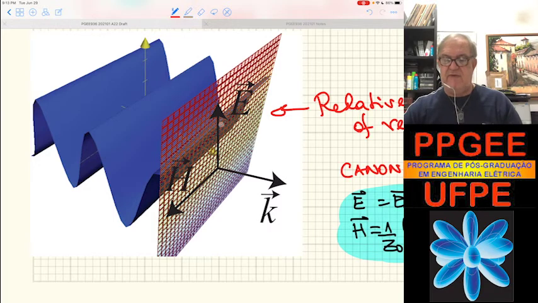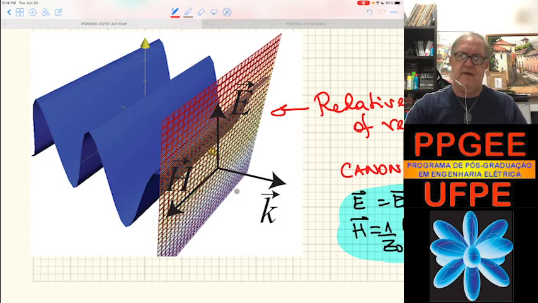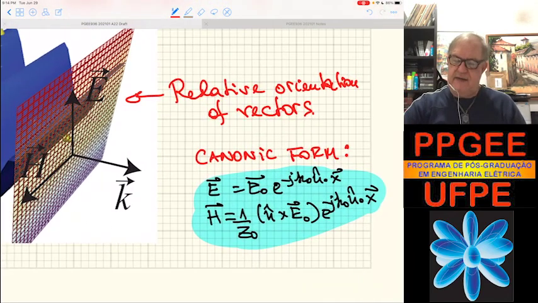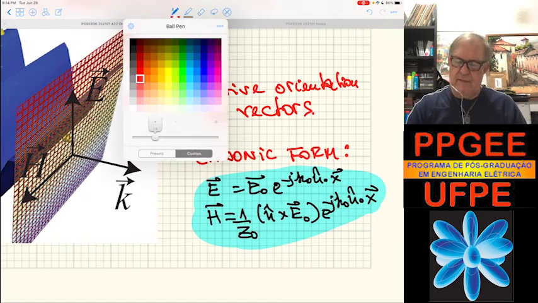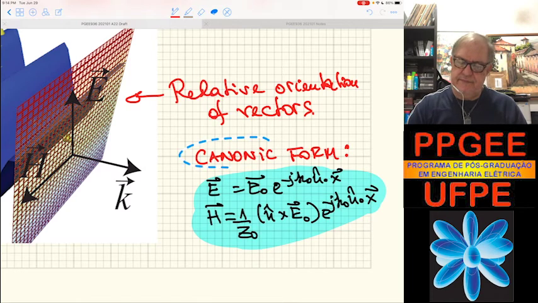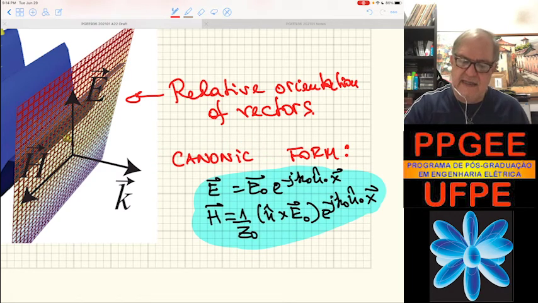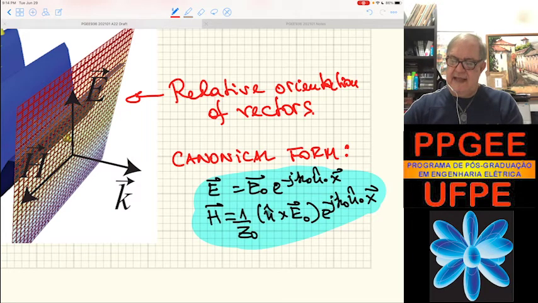So if the field orientations are those shown in the picture, E, H, and the direction of k is that, it's the same direction as E cross H. And the canonical form is like this. That's a way of writing the canonical form in terms of E.